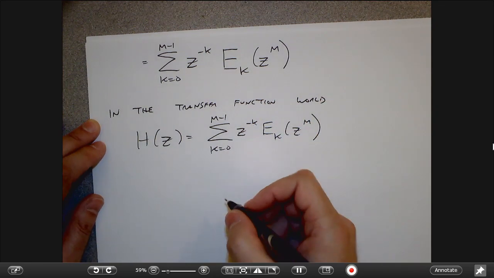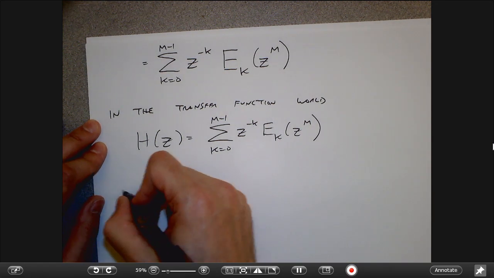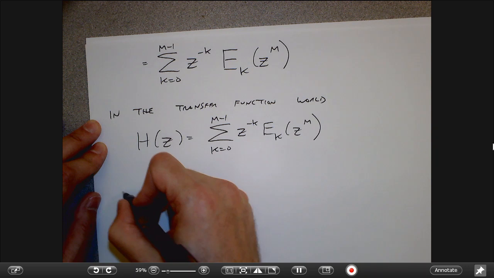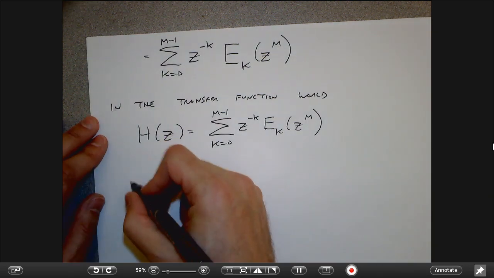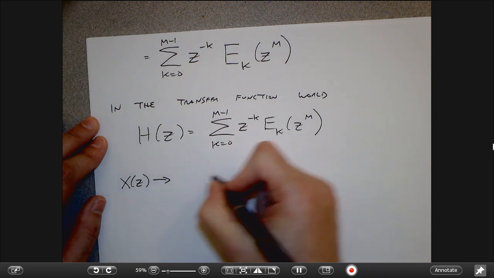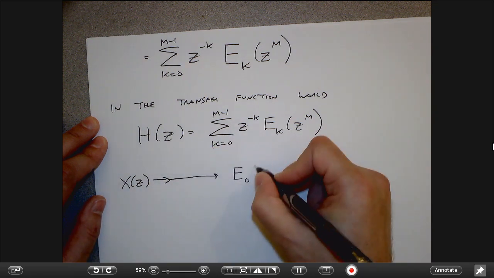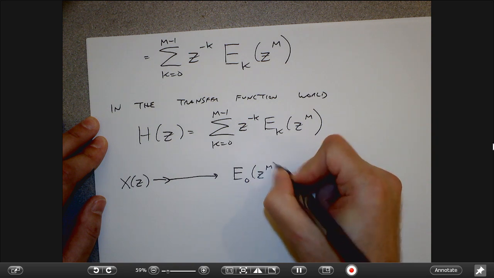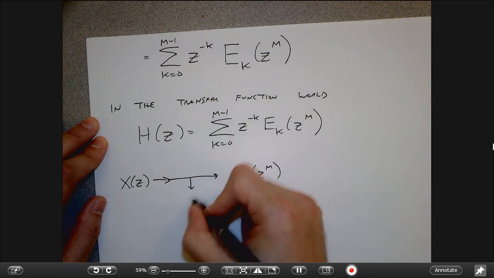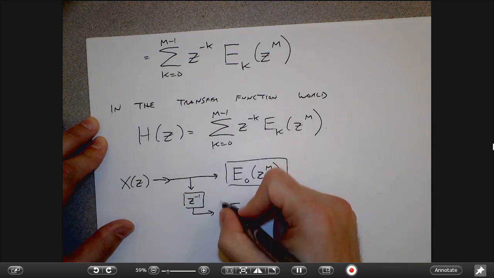And that means, for example, that I could take an input signal, and if I wanted to filter it, I would multiply this guy by E0 Z to the M. Then I could delay this by 1 unit and multiply that by this guy.